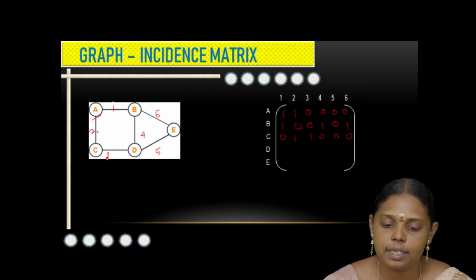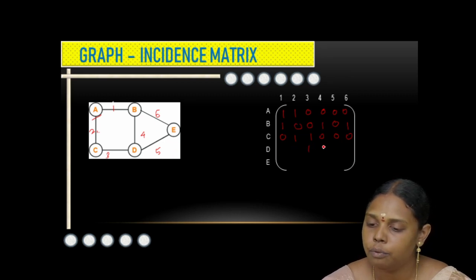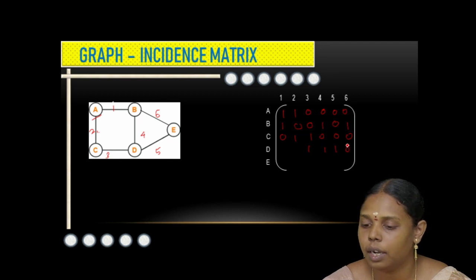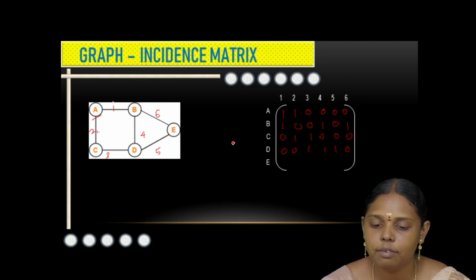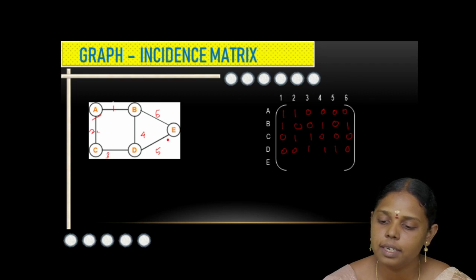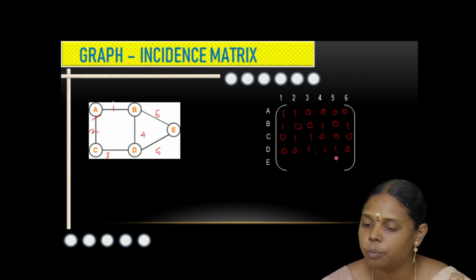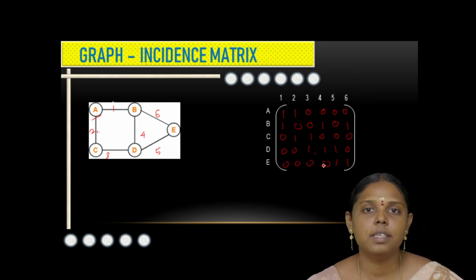For D, it is incident with 3, 4 and 5. So in 3, 4 and 5 we put 1 and the remaining entries are 0. Similarly for the vertex E, it is incident with 5 and 6. So we get a 5 cross 6 matrix, which is the incidence matrix.